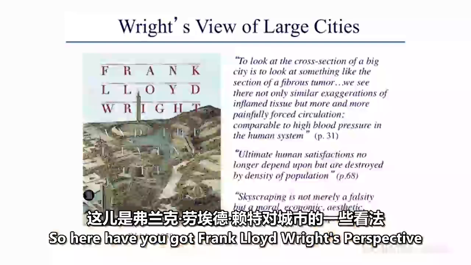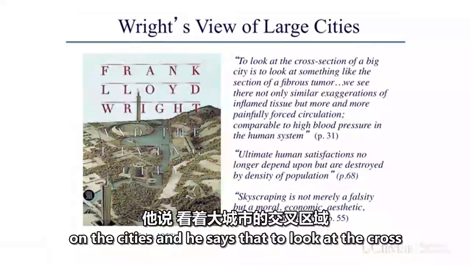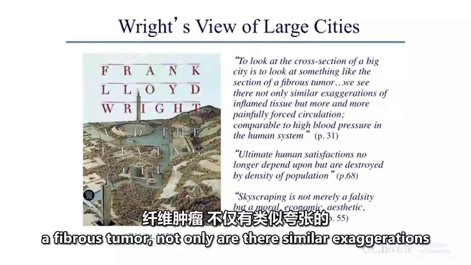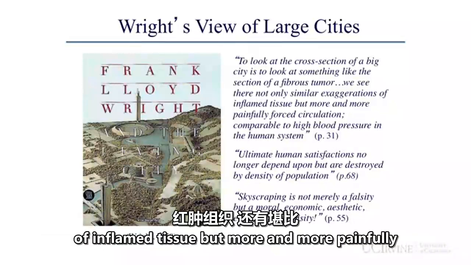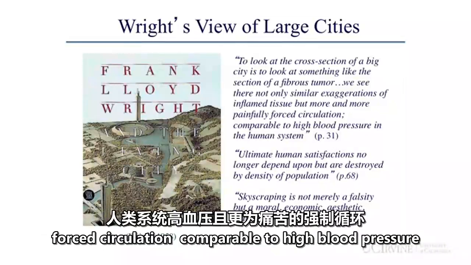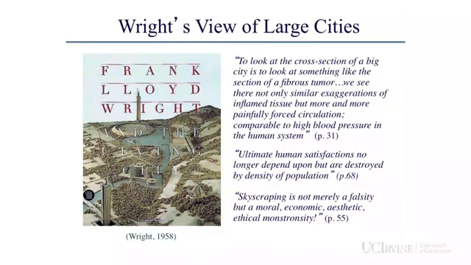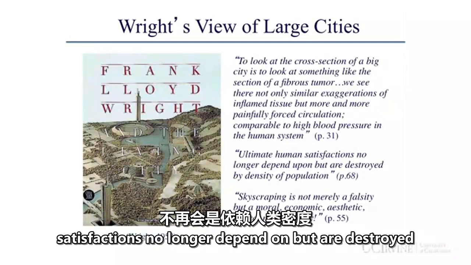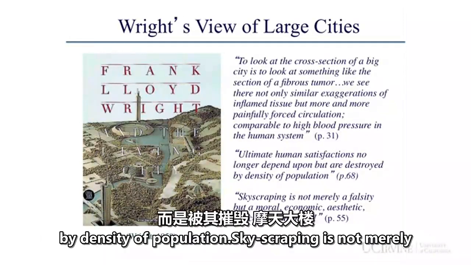So here you've got Frank Lloyd Wright's perspective on cities. He says that to look at the cross-section of a large city is to look at something like a fibrous tumor. Not only are there similar exaggerations of inflamed tissue, but more and more painfully forced circulation, comparable to high blood pressure in the human system. He said that ultimate human satisfactions no longer depend on, but are destroyed by density of population.